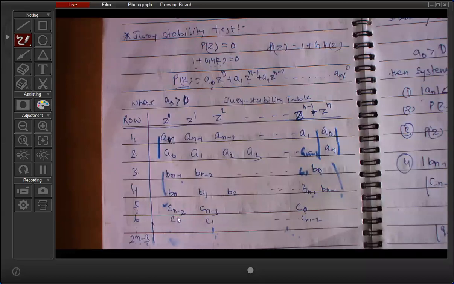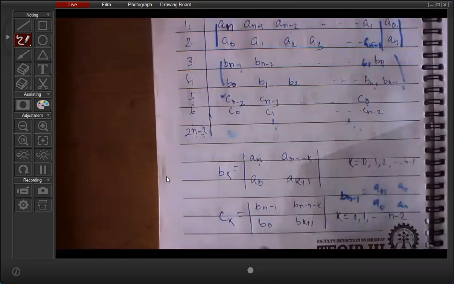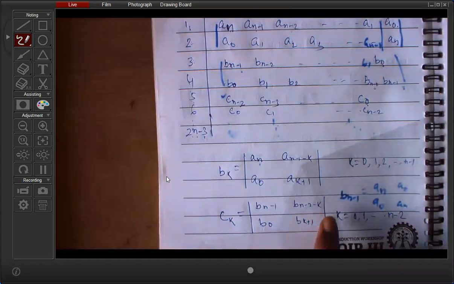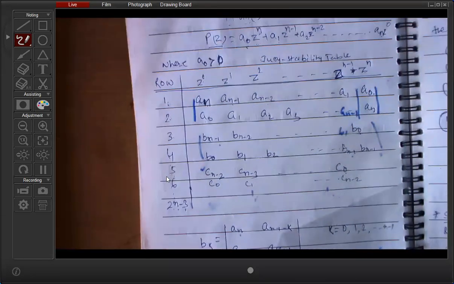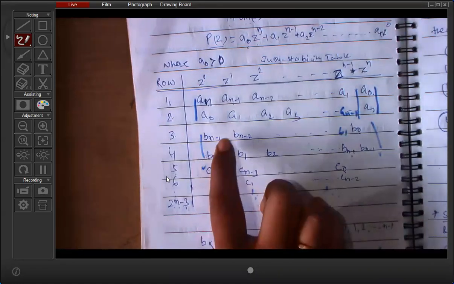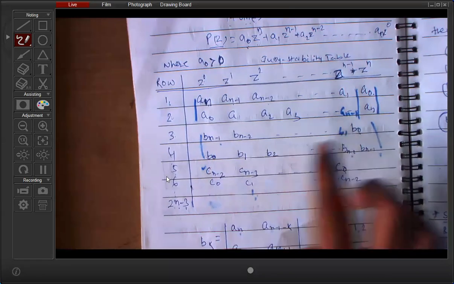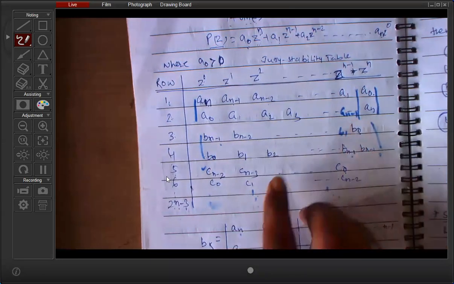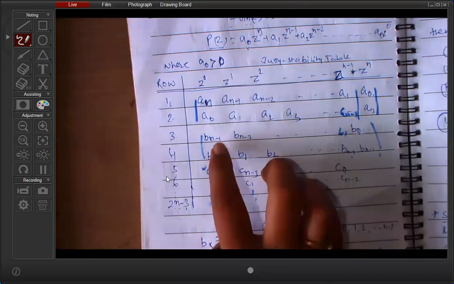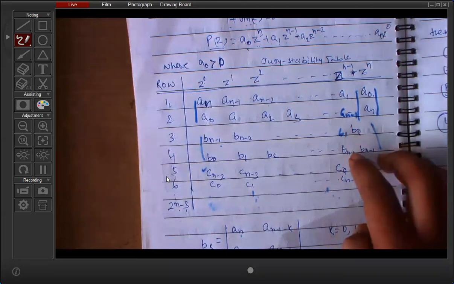Again, the elements of row 5 are one fewer than those of rows 3 and 4. The general formula for the coefficients is c(n minus 2) equal to the determinant of b(n minus 1), b(n minus 1 minus k), b0, and bk. That means c(n minus 2) is the determinant of b(n minus 1), b0, and b0, b(n minus 2), and the element c(n minus 3) is the determinant of b(n minus 1), b0, and b1, b(n minus 2).